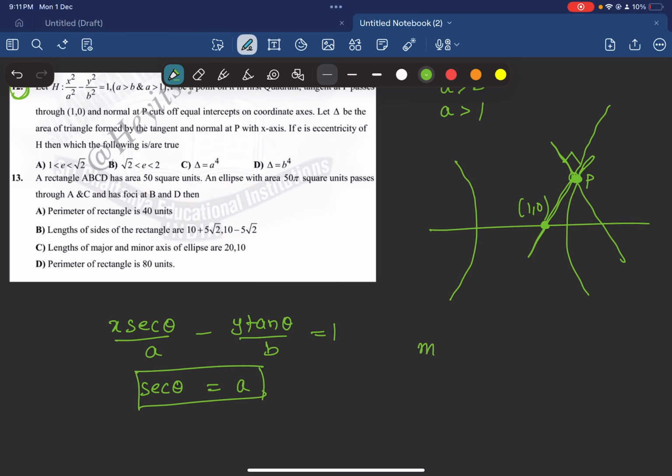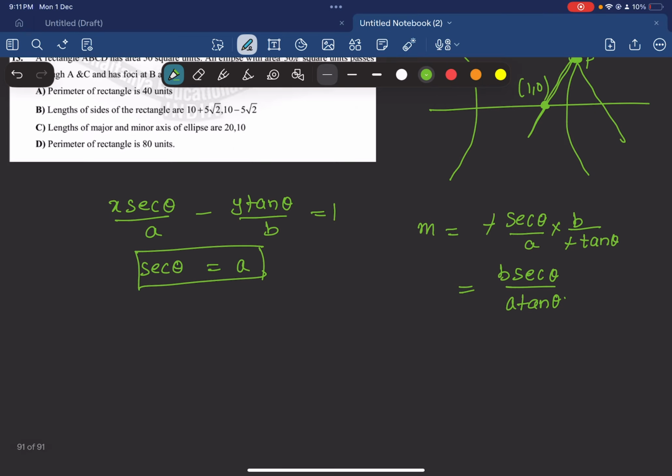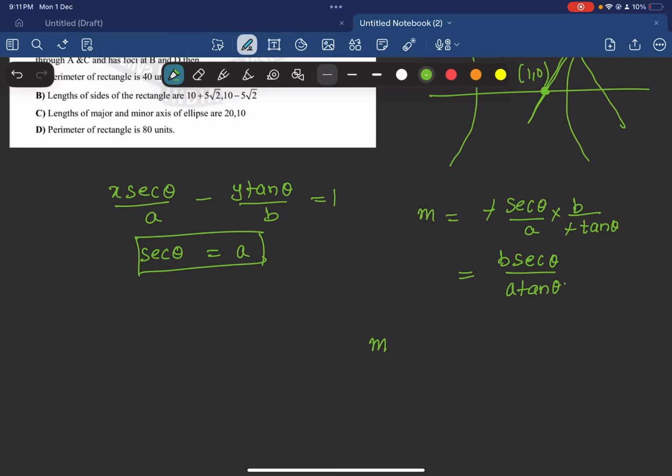Slope of the tangent will be minus secant theta by A divided by minus tan theta by B. So this is B by minus tan theta. This and this will get cancelled. So this is simply B secant theta by A tan theta. This is the slope of the tangent. Now what will be the slope of the normal? Slope of the normal will be simply minus A tan theta upon B secant theta.